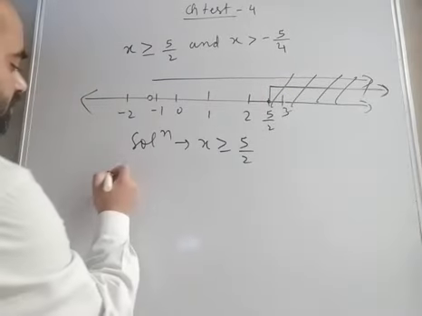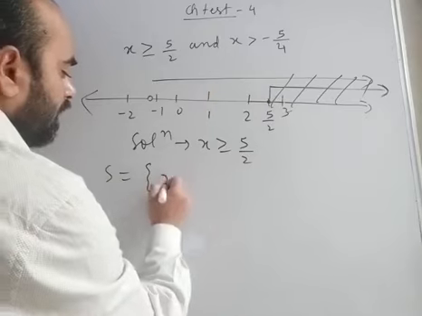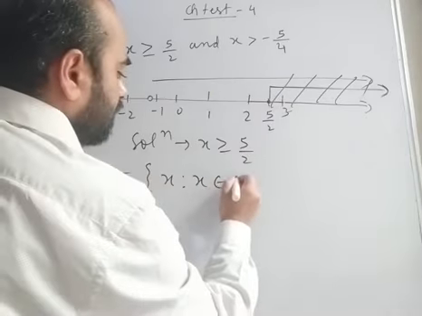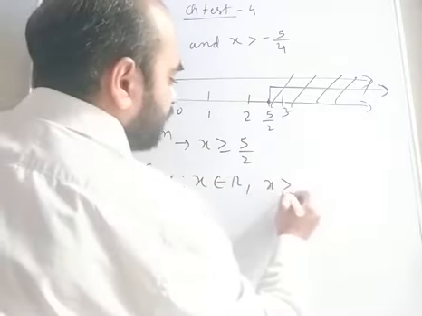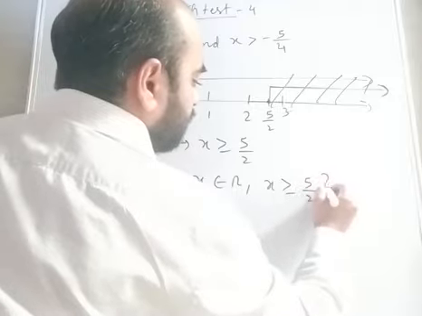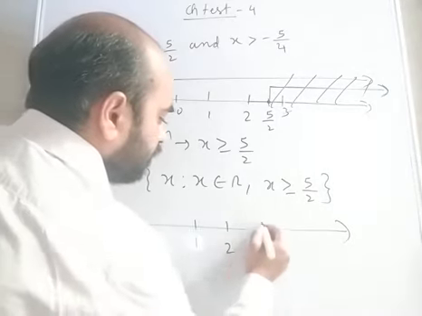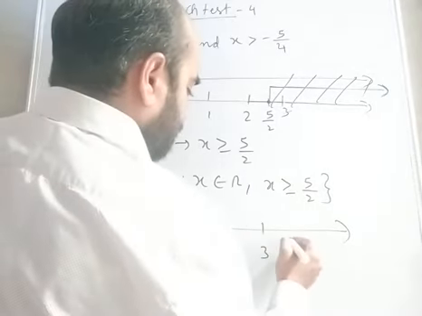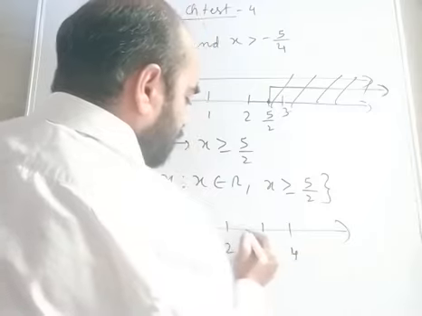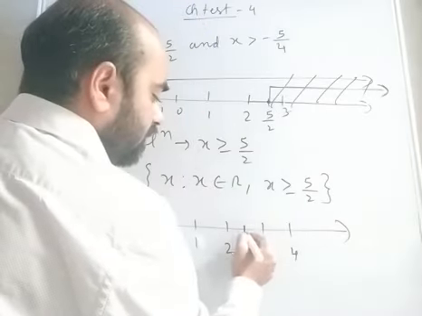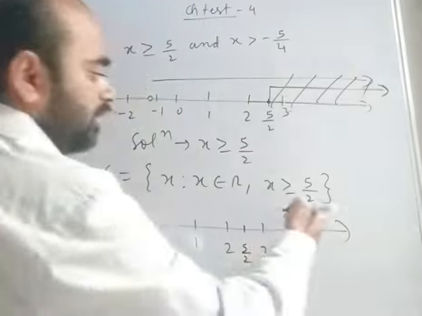Now the solution is x such that x belongs to R, x is greater than or equal to 5 by 2, and on the number line, 1, 2, 3, 4, 5 by 2 means here, but 5 by 2 is included.